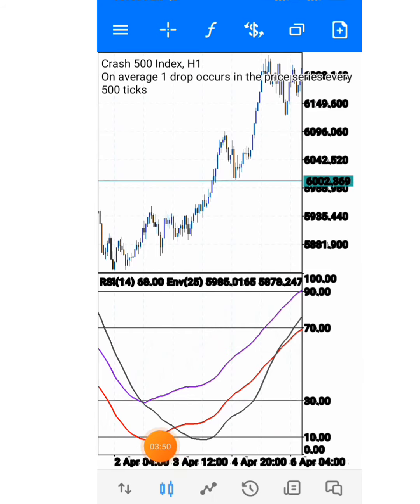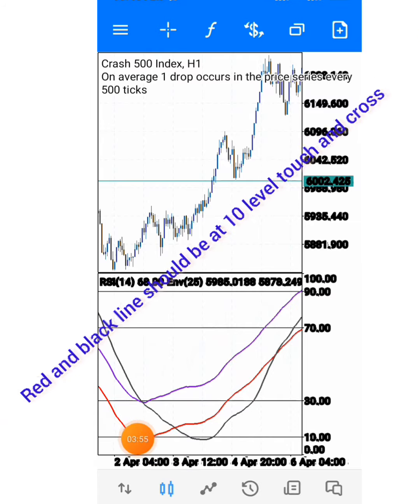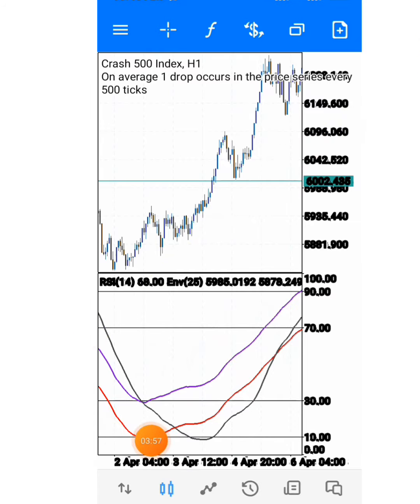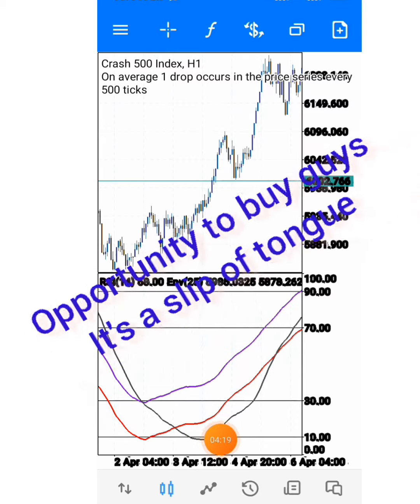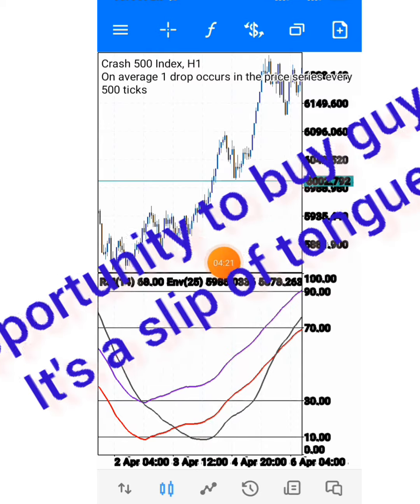You wait for this lower band, this red, to touch this 10 level of RSI, and also wait for the black moving average to cross it and touch this 10, or immediately cross it at this oversold. Then you should look for an opportunity to buy.